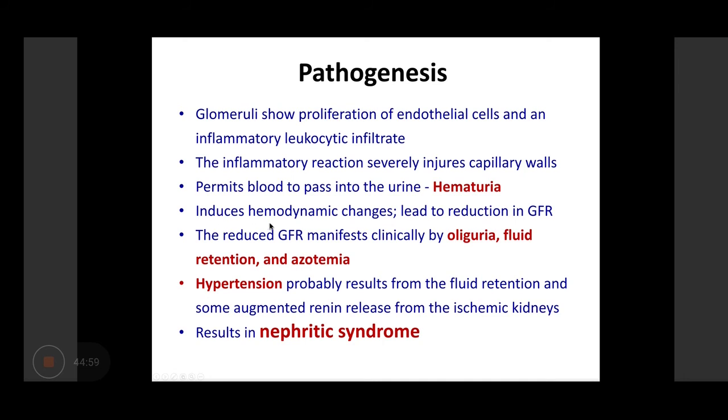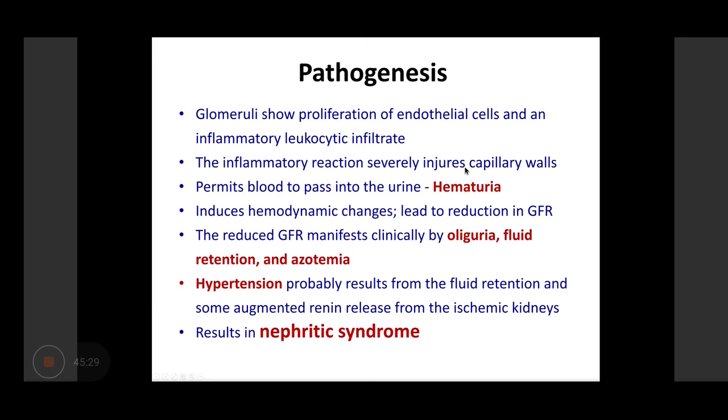In addition, the proliferating endothelial cells lead to a reduction in GFR, which presents as oliguria, fluid retention, and azotemia. Once there is oliguria, this will stimulate the juxtaglomerular apparatus to produce renin. This will eventually lead to the development of hypertension, which is the third feature of nephritic syndrome.